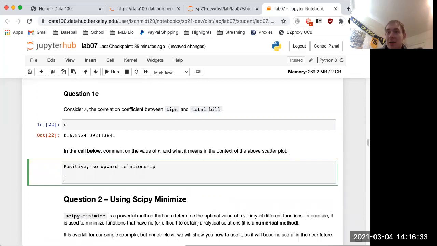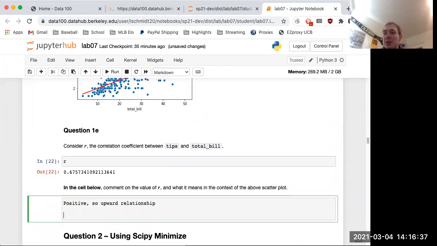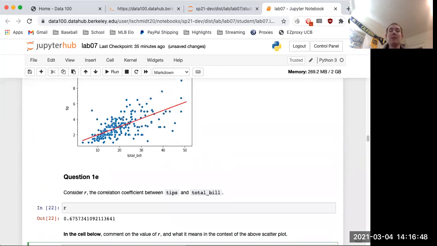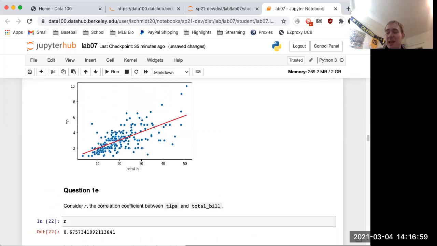Another thing I would ask yourself is, what about the magnitude of R? If R is very close to 0, that shows that there's not much of a relationship at all between total bill and tip. Meanwhile, if R is very close to 1, like 0.95 or whatever, then we'd say that there's a definite, clear, very strong positive relationship between the two. Well, it's not really super small, it's not really super big. And I think that's evidenced in the scatter plot. We can see that it's definitely upwards, definitely increasing, definitely pointing up.